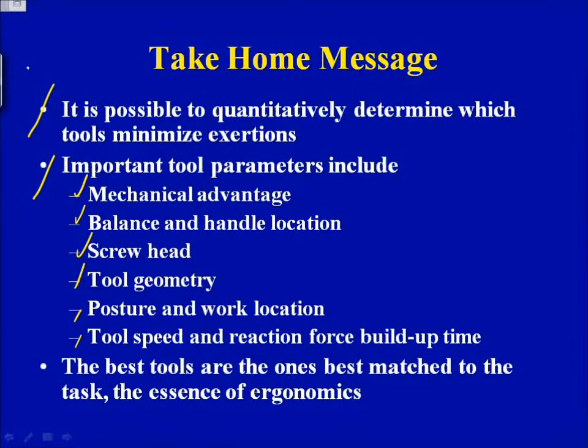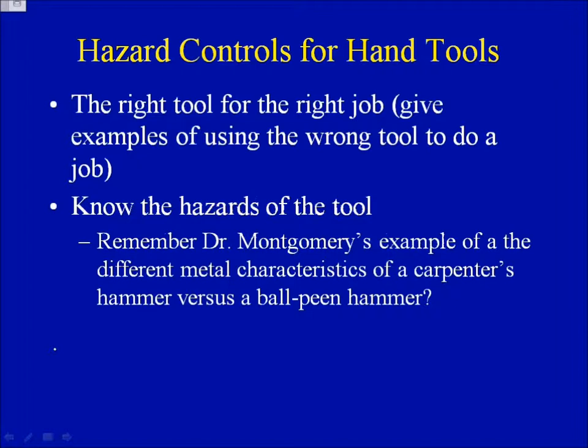Take-home message then on all of these is that it's possible to quantify and determine which tools minimize exertions. Important tool parameters include mechanical advantage, balance, the type of head that's used, a Phillips, flat, or a hex, tool geometry in terms of its compactness and use, posture and work location, tool speed, and reaction force.